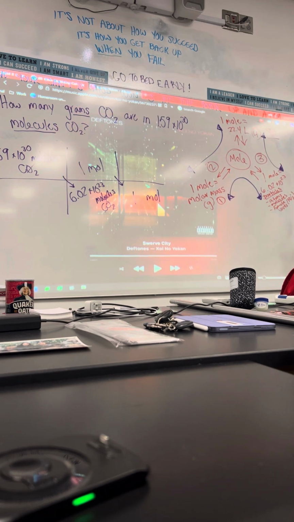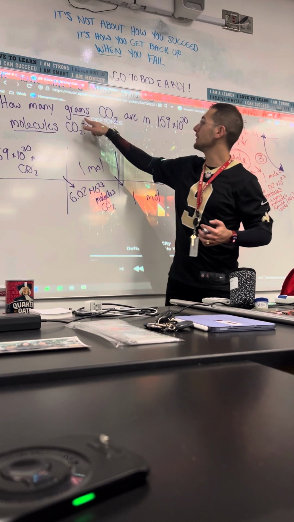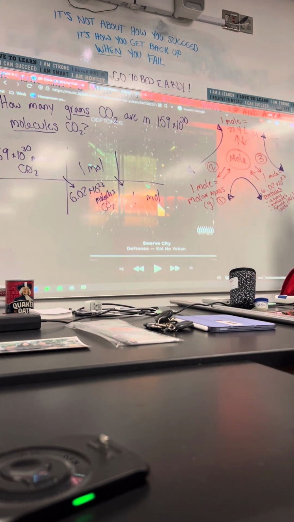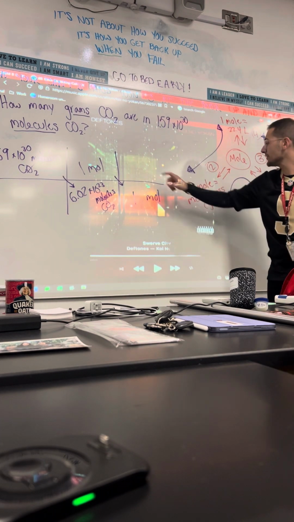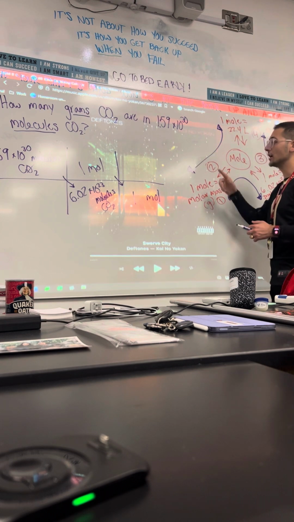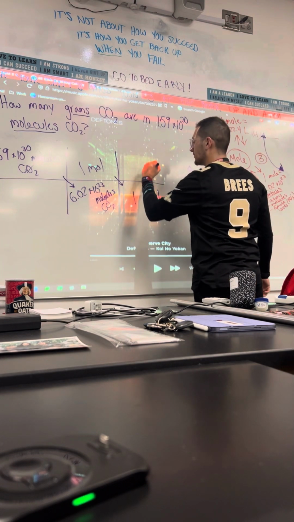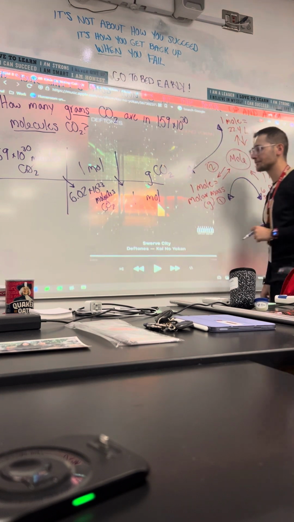Well, the branch we need to end with is grams. So the special number we will use in this space is the molar mass of CO2. That is grams CO2.